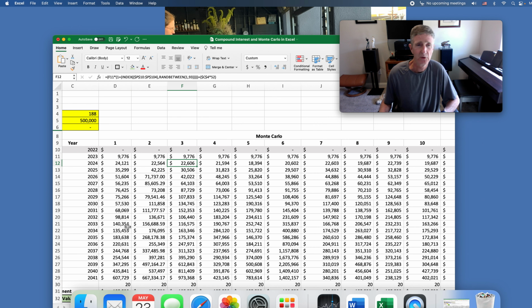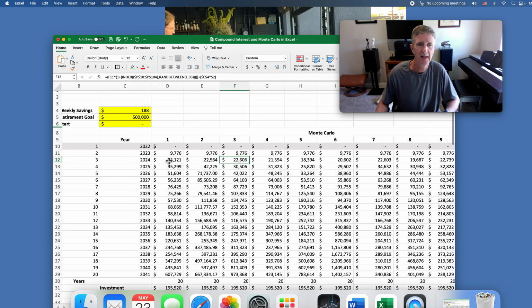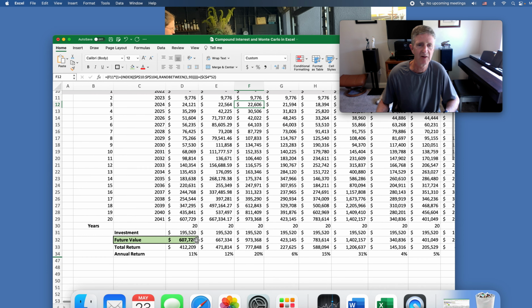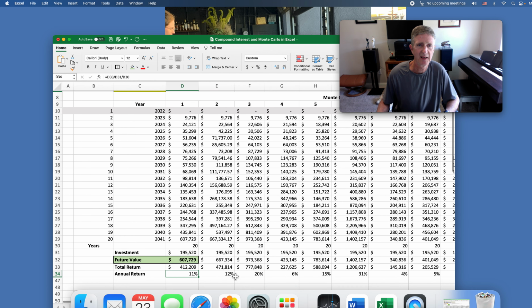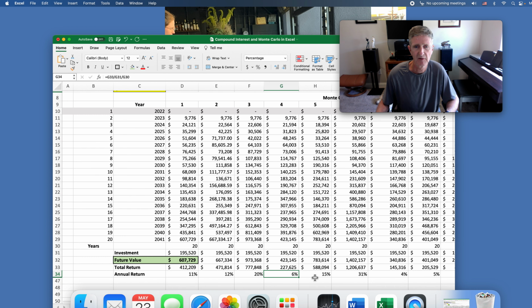If you had done this, and your son had done this, and then your grandson and his grandson, using this historical data set, randomly picking interest rates over time and going through the scenario, this would be the annual return that you would get from using the random interest rates of history here. In this scenario, here's what you would get, in this scenario, etc.